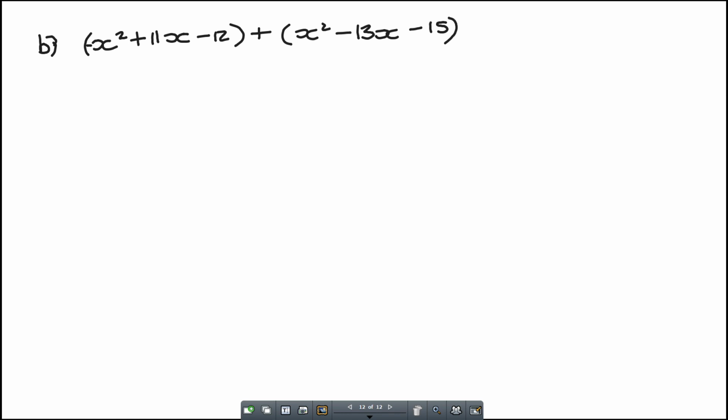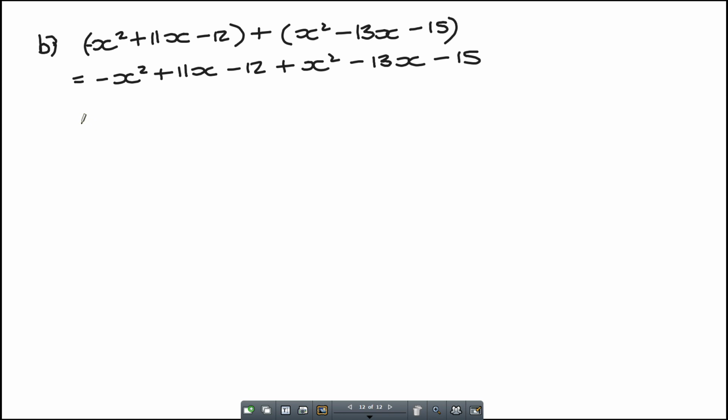I'm going to send you girls out when you keep on talking like that. Right, so that will just become positive x squared minus 13x and minus 15. So nothing really changes. It's only when that sign is a negative, then it's going to change.